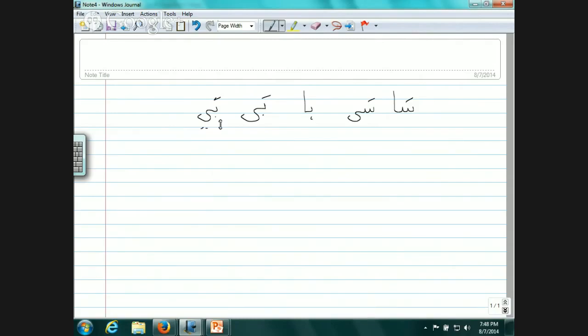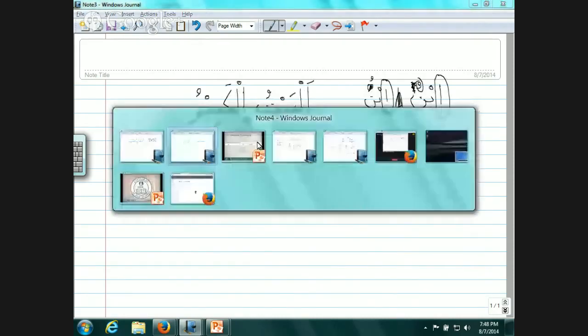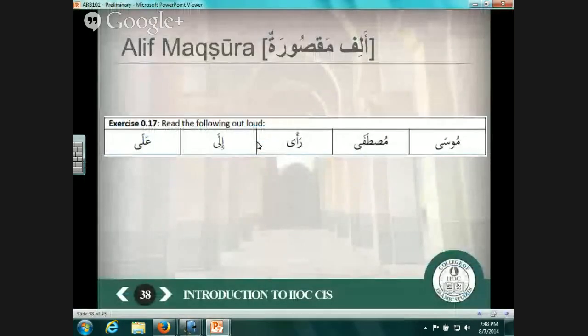There you go. This one? No. If you take it off, you have to guess which vowel is on here, right? And there can only be one vowel. So you automatically guess it has to be a fatha, and your guess is correct. So that's all there is to the hamzatul wasl, alif maqsura.